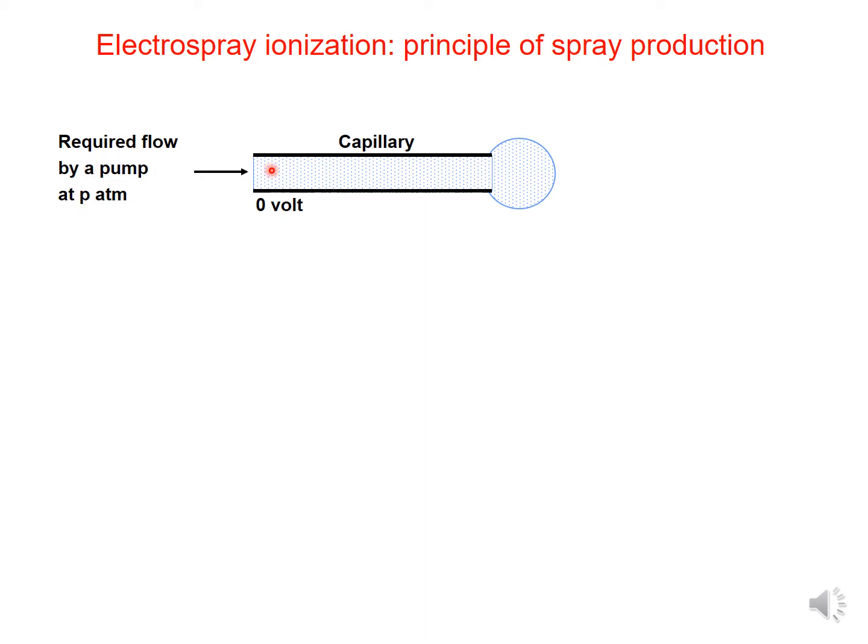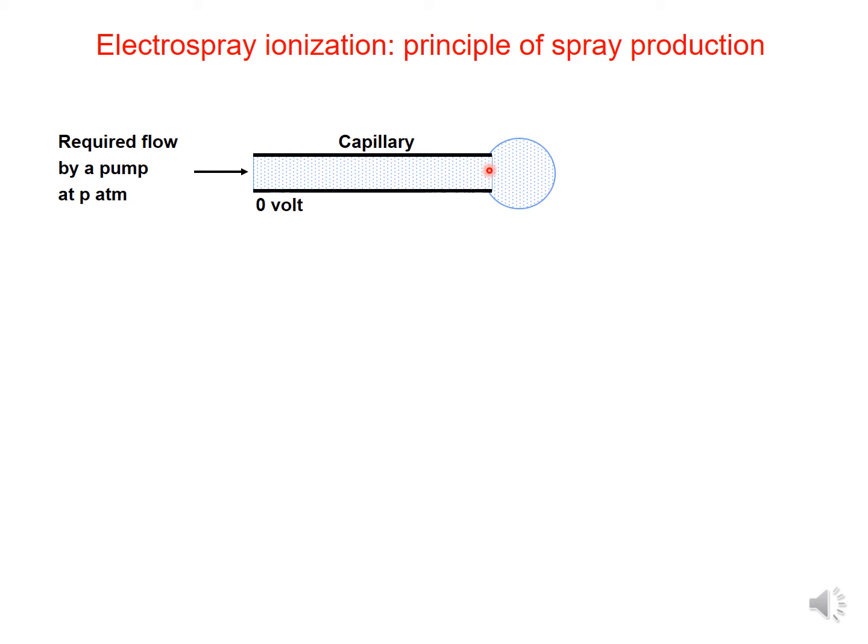So you have a pump here, and you have a difference of pressure. If I don't apply any electrical field, I obtain here a droplet, of course, at the end of the capillary.